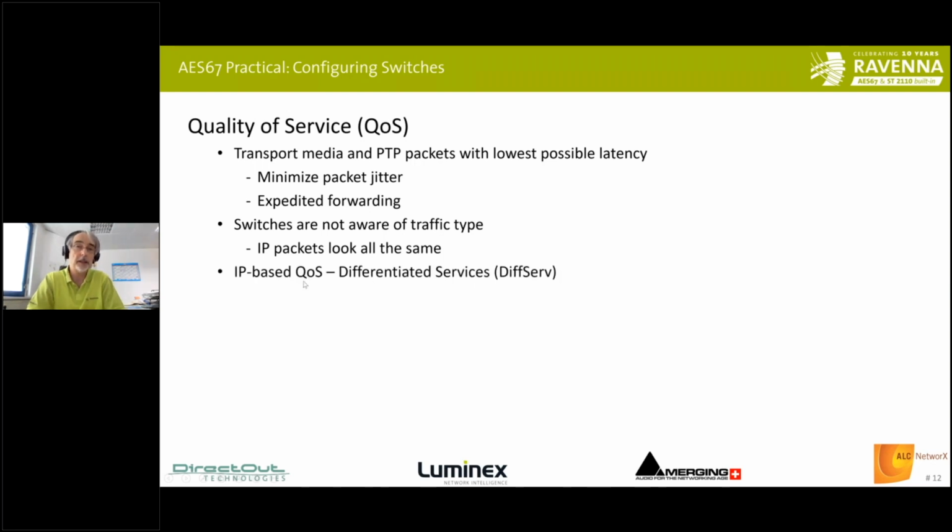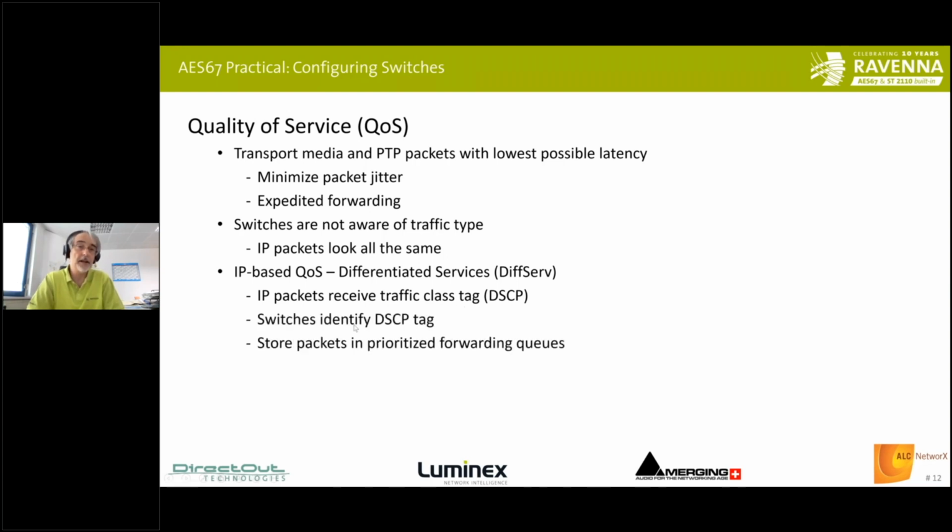And for IP-based traffic, we have the differentiated services, or short DiffServ mechanism, where you can basically tag IP packets with certain traffic classes. So the switch, given that it's properly configured, can identify the DSCP tags of each individual incoming IP packet, and it's then storing the incoming packet in prioritized forwarding queues on the particular egress port.